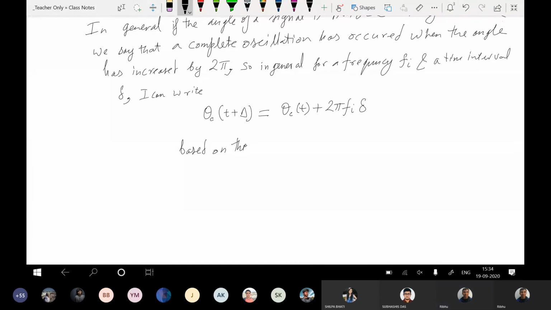Based on this, I can write f_i equals theta_c(t plus delta) minus theta_c(t) divided by 2 pi delta. This is how I can define the frequency of a signal.